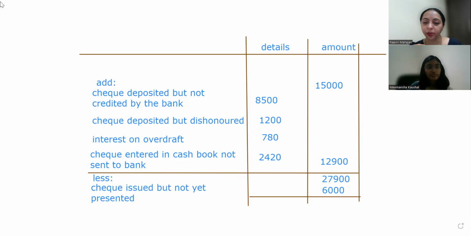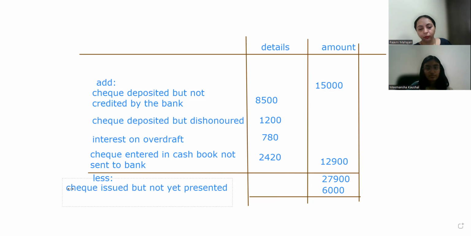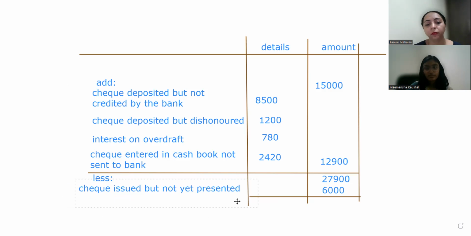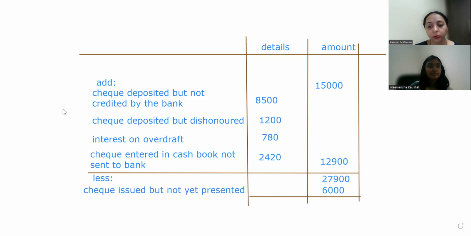Extend it further so that presented comes in the same line. Take check to the left. Okay. Fine. Now down, 21900 and overdraft as per passbook.